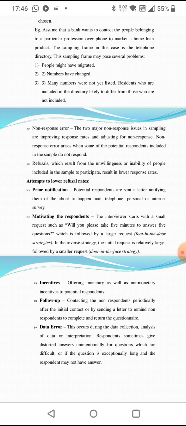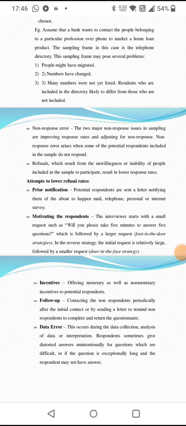Non-response error arises when some of the potential respondents included in the sample do not respond, and refusals which result from the unwillingness or inability of people included in the sample to participate result in lower response rates. Attempts to lower refusal rates include prior notification, motivating the respondents, incentives, and follow-up. Also, you have data error.